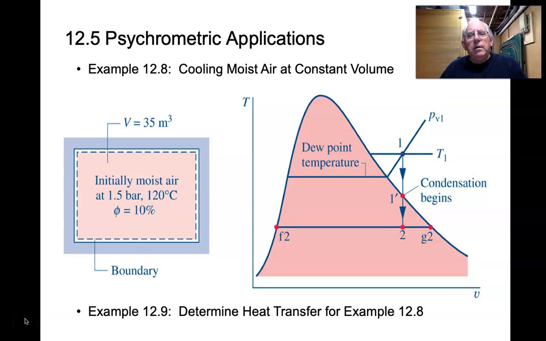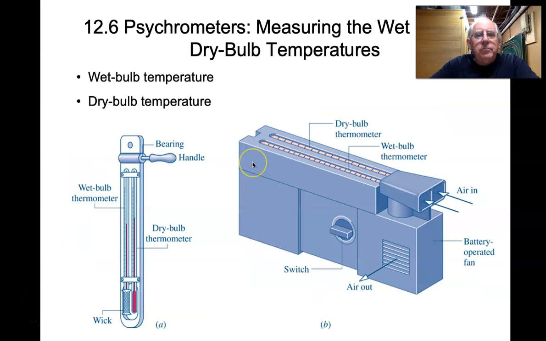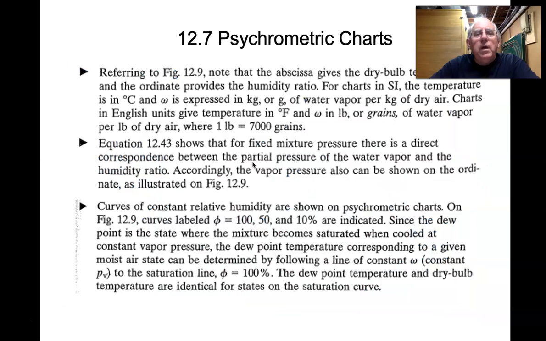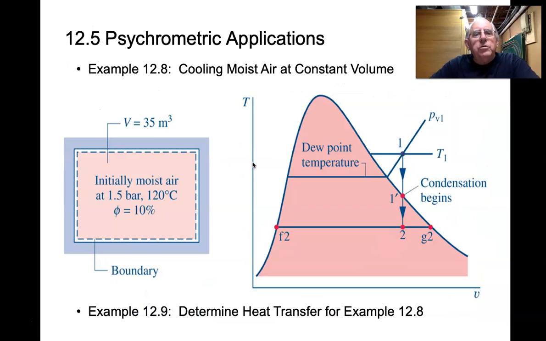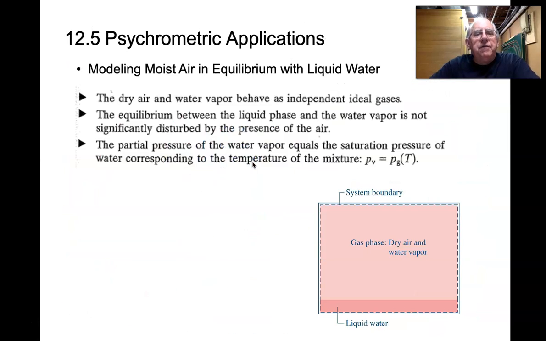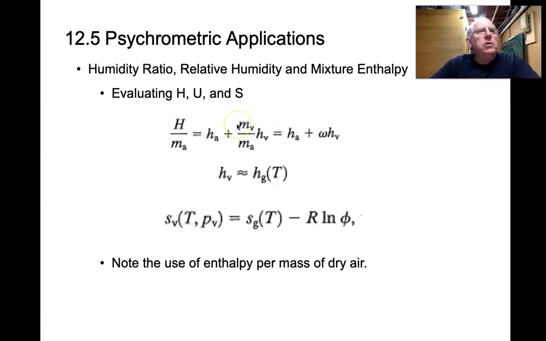Now that we have taken a look at this special case of a mixture of dry air and moisture or water vapor, and we've defined the parameters that allow us to define how much water vapor we have in the dry air.